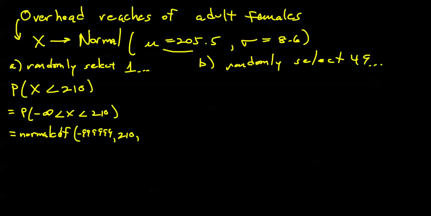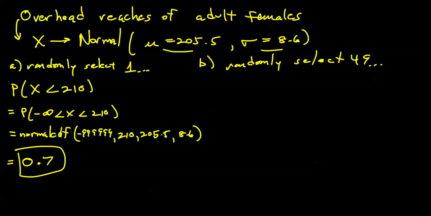The mean and the standard deviation were of course given: 205.5, and the standard deviation here was 8.6. So if I punch this out on my calculator, I'll get a probability of 0.7. The probability that a randomly selected adult female has an overhead reach less than 210 inches is 0.7.